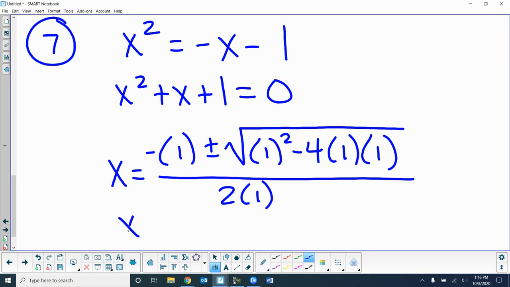So that gives me a negative 1 plus or minus the square root of something over 2. 1 squared is a 1. Negative 4 times 1 is negative 4 times another 1 is still negative 4. So we get negative 3. I'm all done, right? No, what do I got to do?